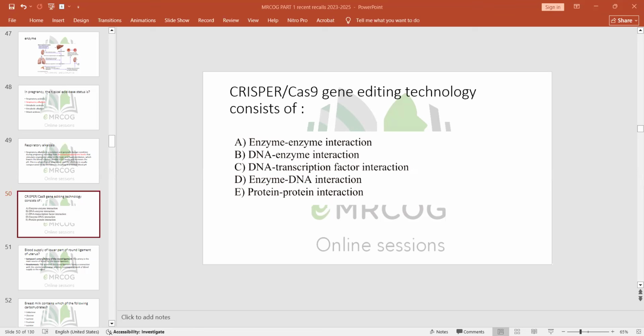Cas9 is the enzyme or the protein that is like a scissor, cutting the DNA at a specific location. Then they discovered that this system was adapted by the bacteria as a defense mechanism against viruses. So after what I have said, choose the best option in front of you.